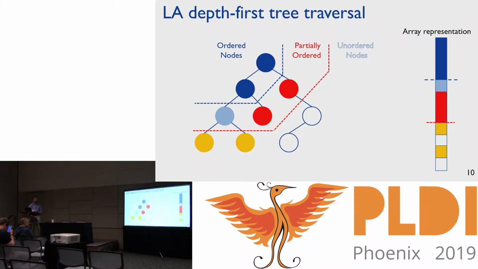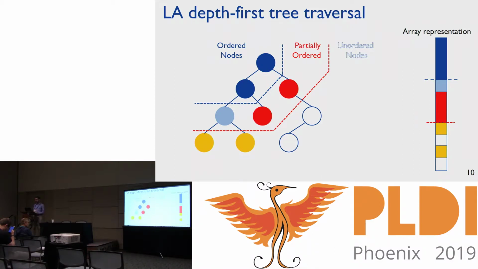Notice that the nodes from which we expand belong to the partially ordered, and the nodes that we want to attach to the frontier belong to the unordered nodes.